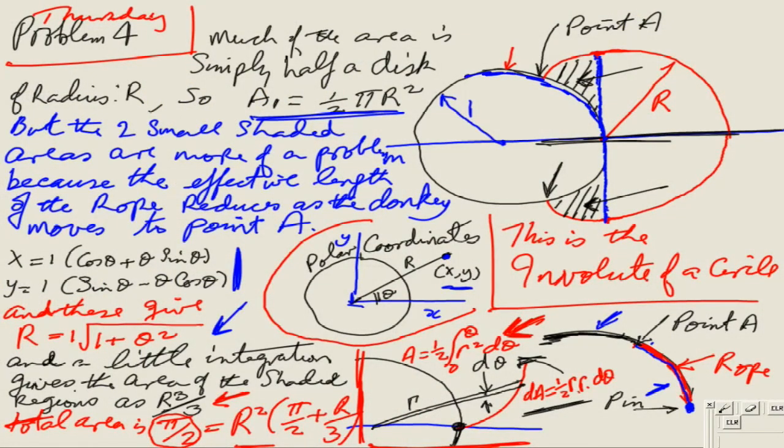Now there's an interesting point that comes out of this. If we give the donkey a rope that's just long enough, and we will show it here, just long enough to go all the way around, eating along the edge until he gets exactly to the far side here, the rope is now half the circumference of the circle.